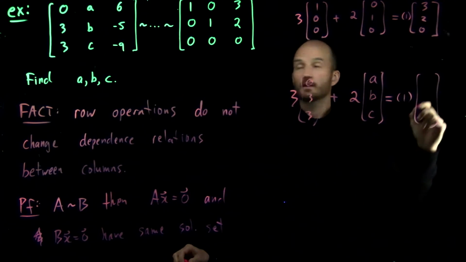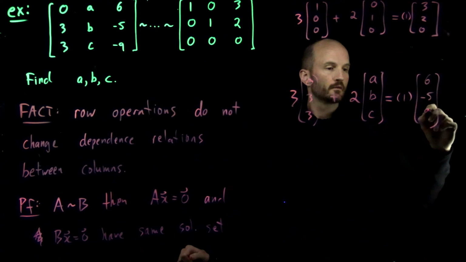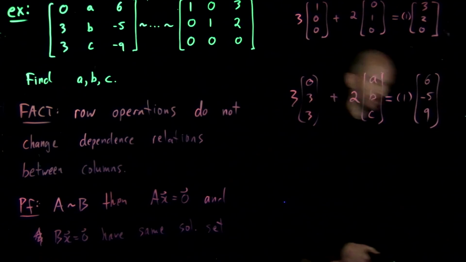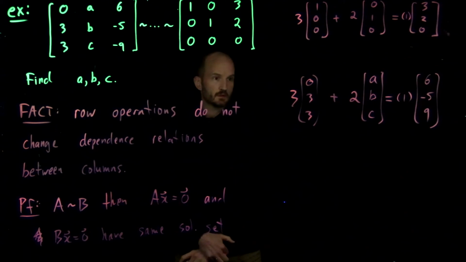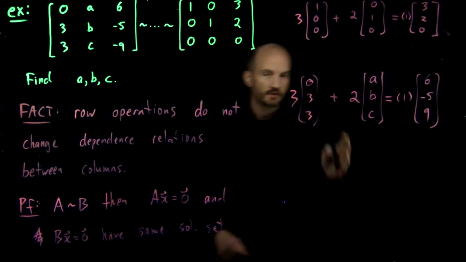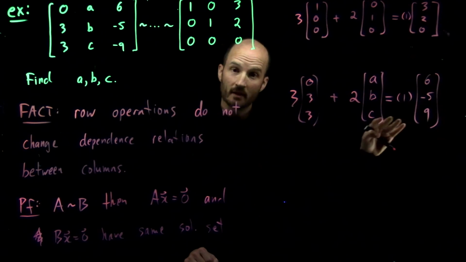A, B, C. 6, -5, 9. Make sure I didn't screw that up. 0, 3, 3, A, B, C, 1, 2, 3, 3, 2, 1. Okay, so now you can see what I'm trying to do here. I'm going to try to find A, B, and C from here.